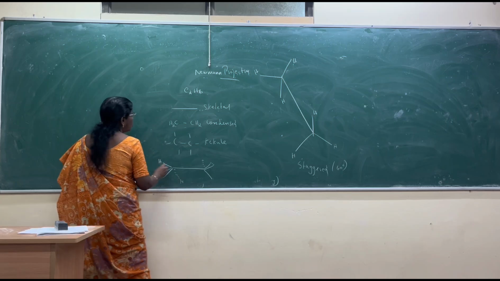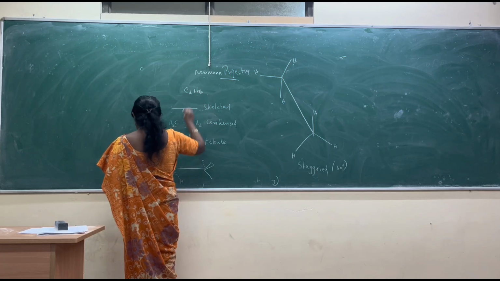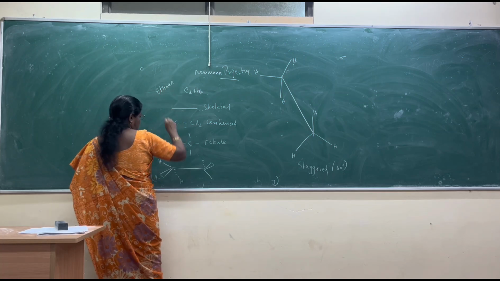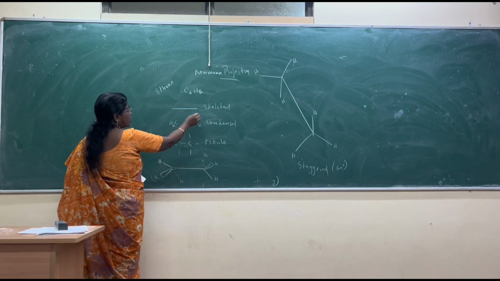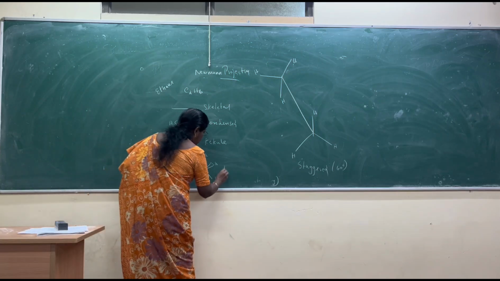So this C2H6, ethane, is represented as a skeletal structure, condensed structure, Kekulé structure, or perspective.